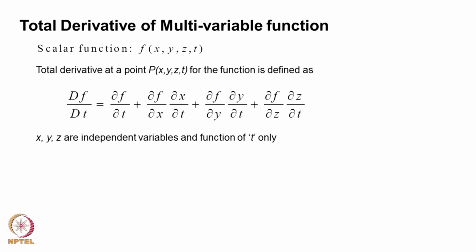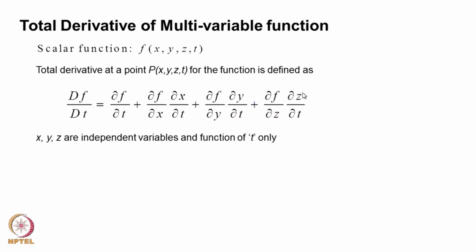Now you can also recognize that dou x by dou t is the time rate of change of a spatial coordinate, which is actually the velocity in the x direction. Similarly, dou y by dou t is the velocity component in the y direction, and so also for the velocity component in the z direction.